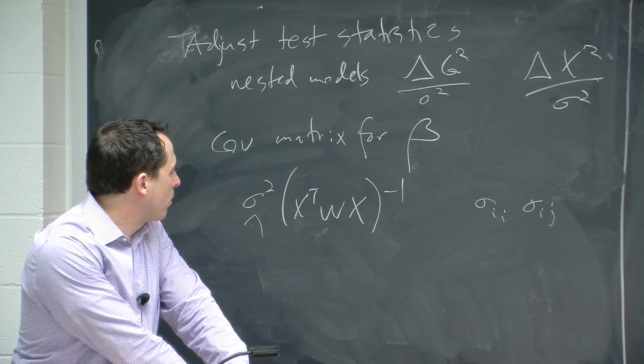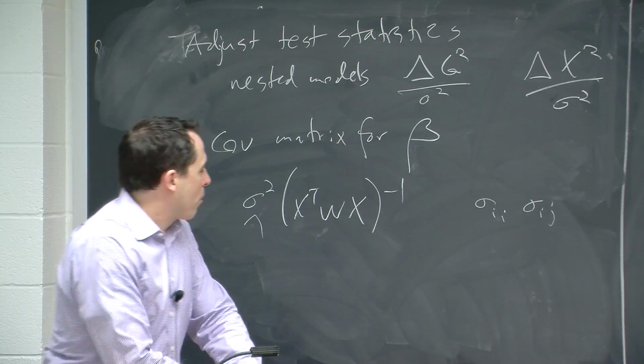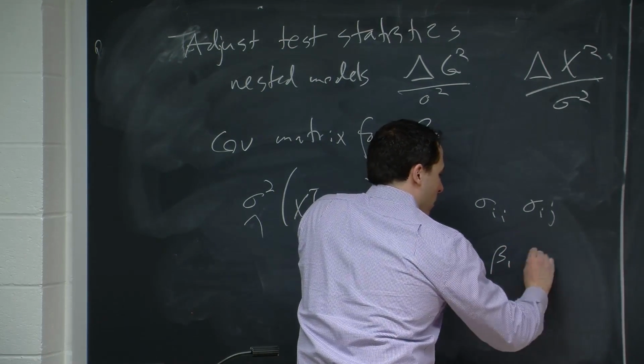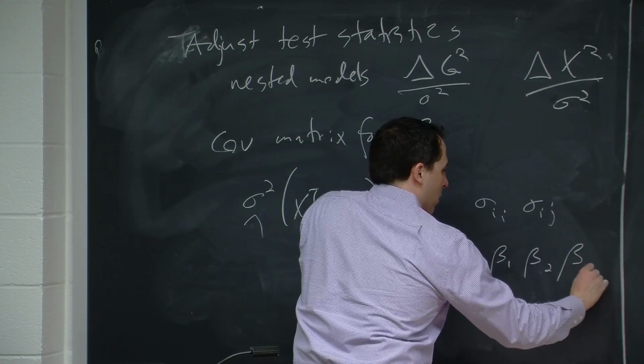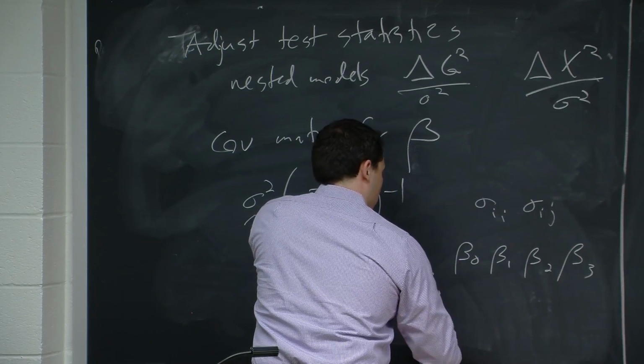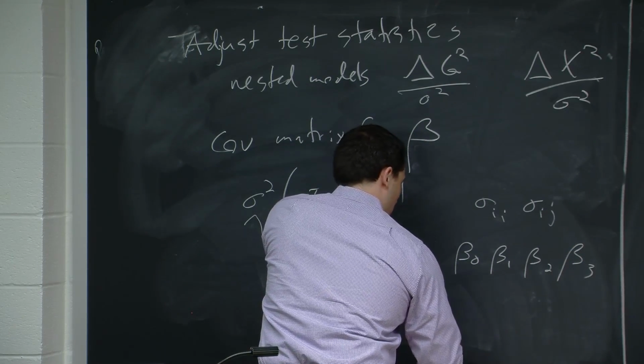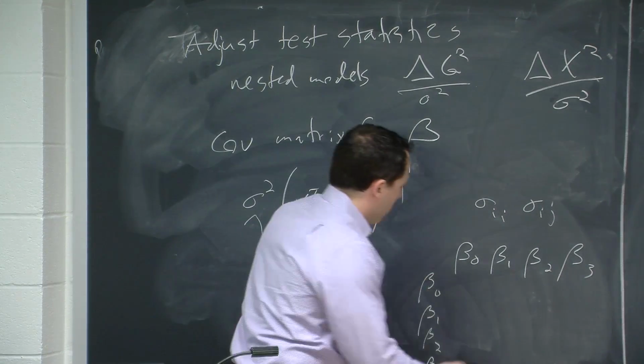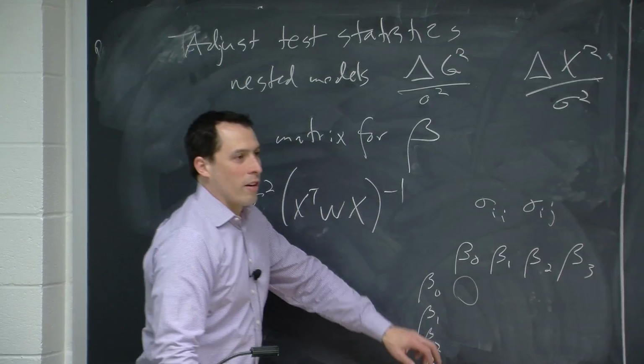Yeah, I don't think so. So the covariance matrix we're talking about here is this one. These are the estimates of the parameters in the model, and these numbers are the variances.